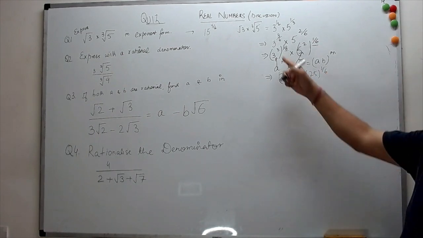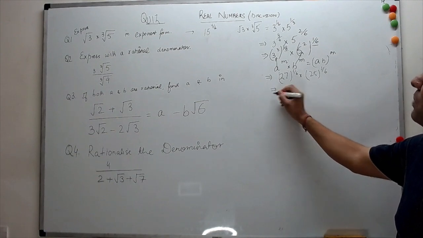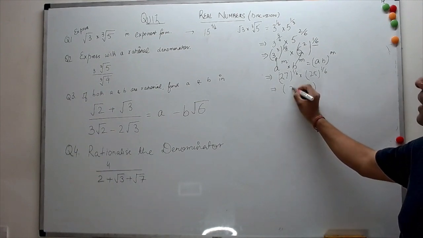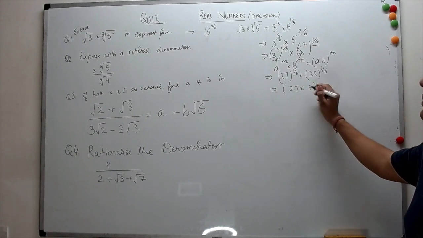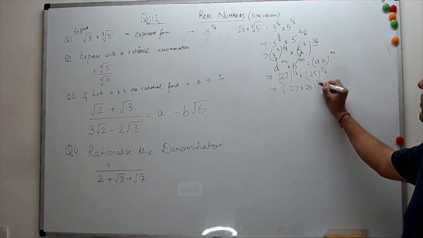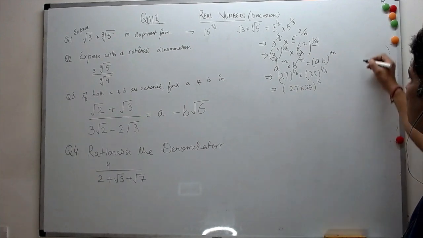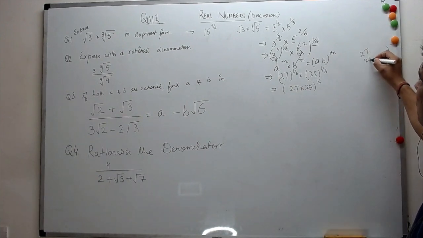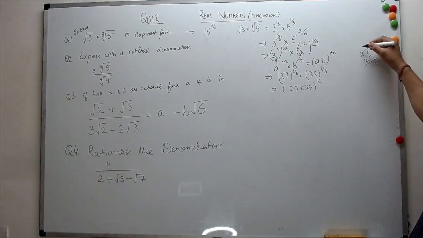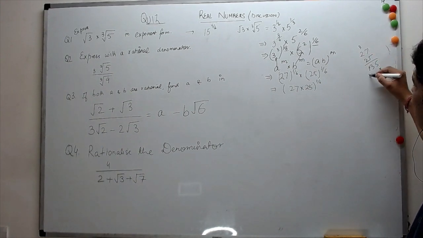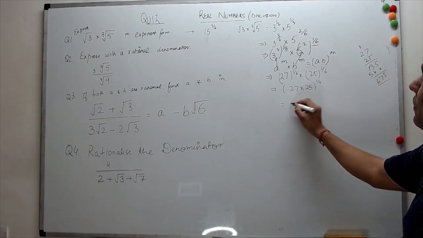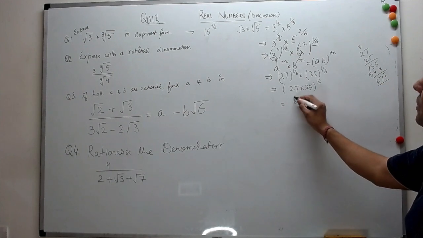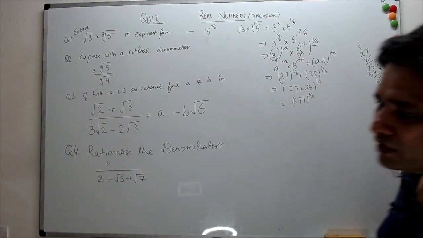And now I can multiply the stuff inside the bracket: 27 into 25, whole raised to the power 1 by 6. So how much is 27 into 25? That is 675. So 675 raised to the power 1 by 6, and that's the exponent form.